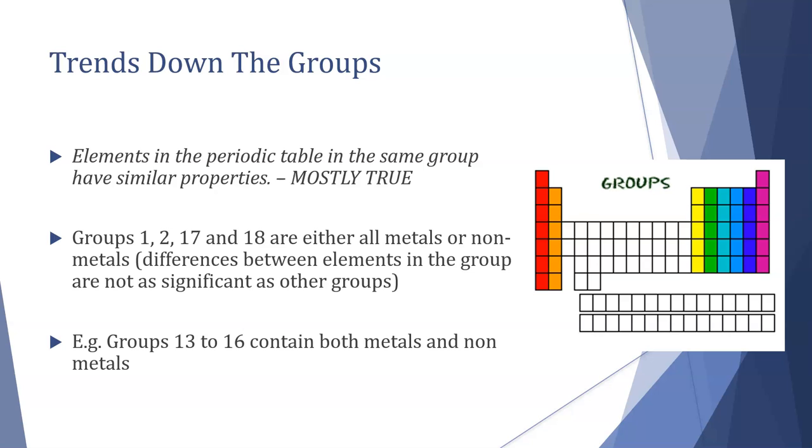Groups 1, 2, 17, and 18 all contain either all metals or all non-metals. So this idea that the entirety of the group will react in a similar way is more significant in these groups. If we look at groups 13 and 16, though, these contain both metals and non-metals, so there is variation in properties observed in these groups.